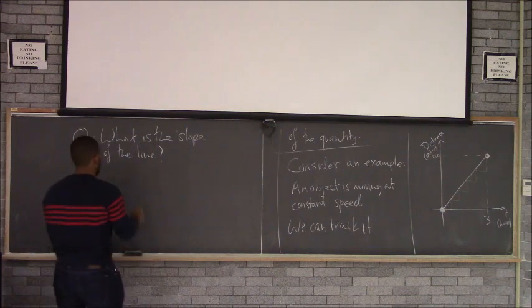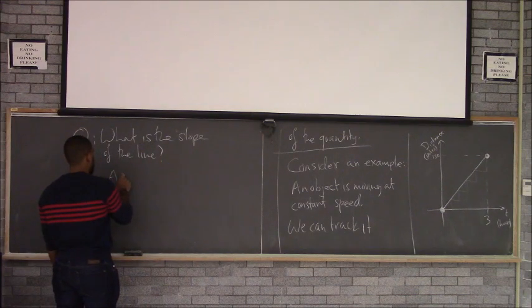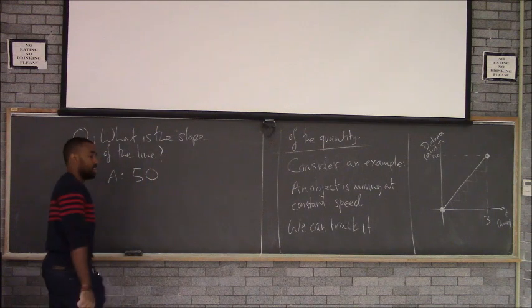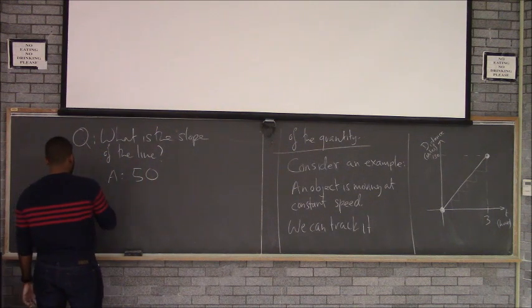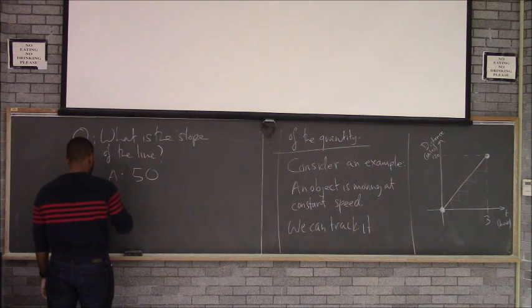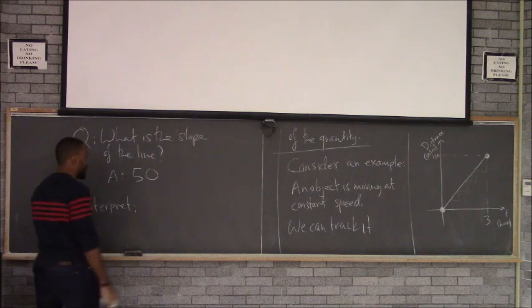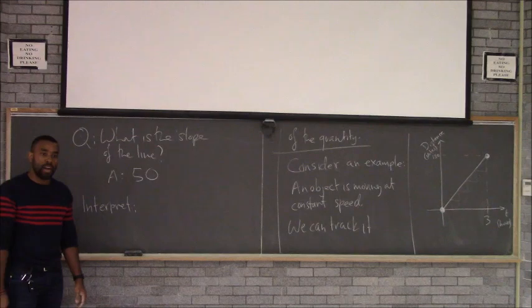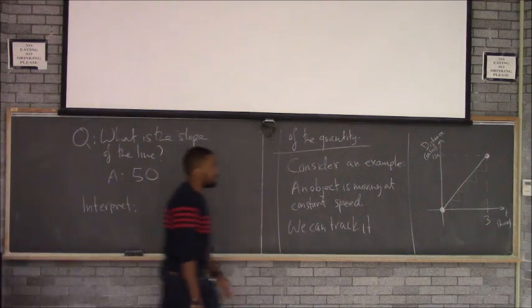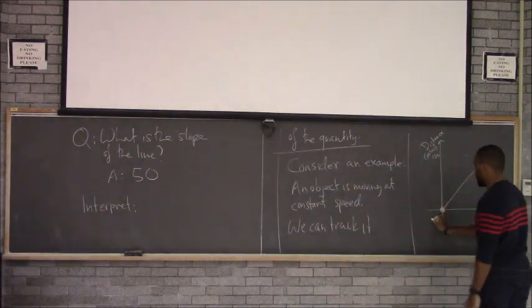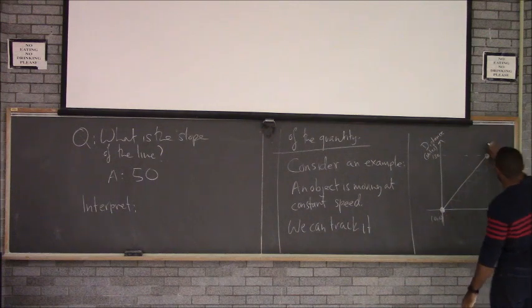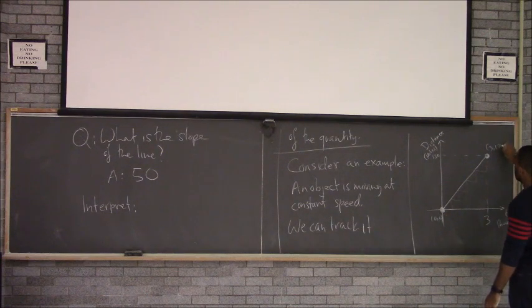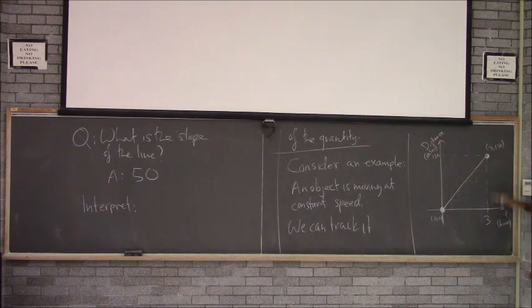50. How do we interpret that 50? For this particular scenario, what does that number 50 mean? 50 what? 50 miles per hour. Now, notice here, you could set up your two coordinates. Technically, slope is rise over run, so it's 150 over 3.